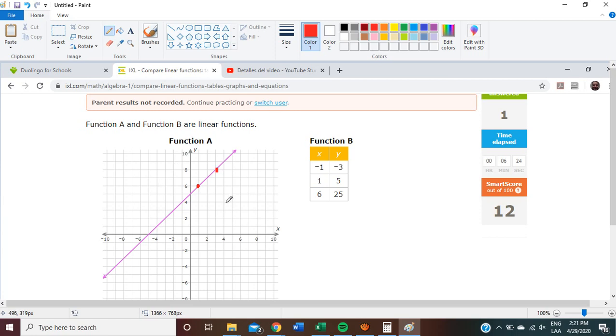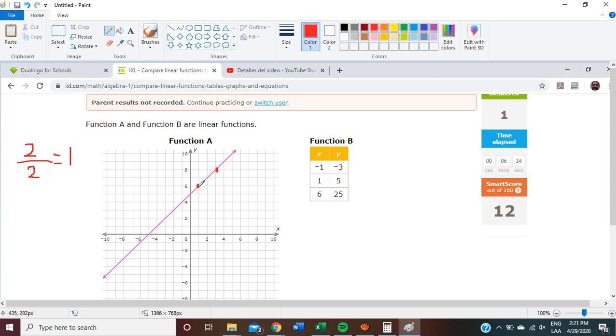All right, so the change in y from 6 to 8 is 2, divided by the change in x from 1 to 3 is 2. So the slope here is 1.